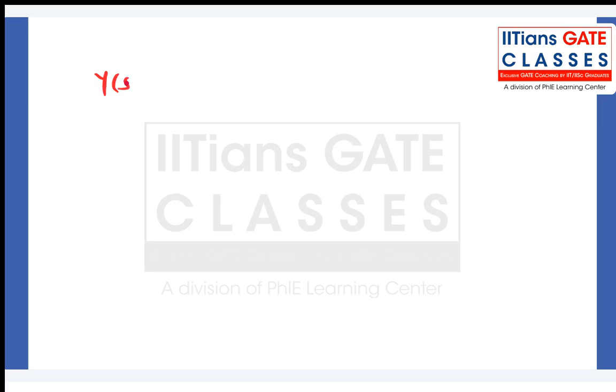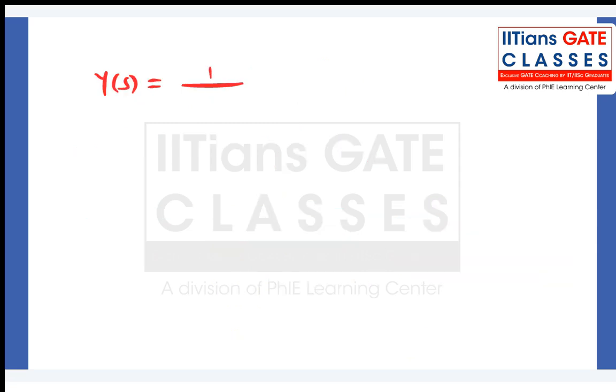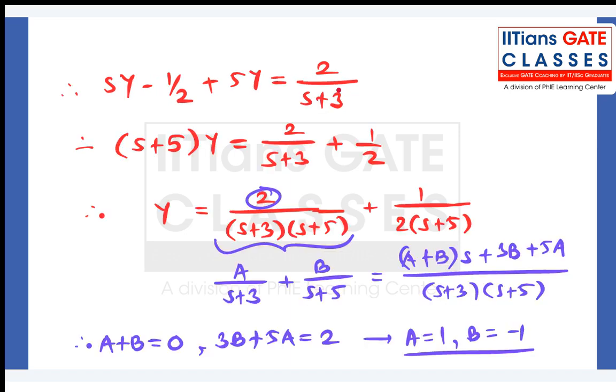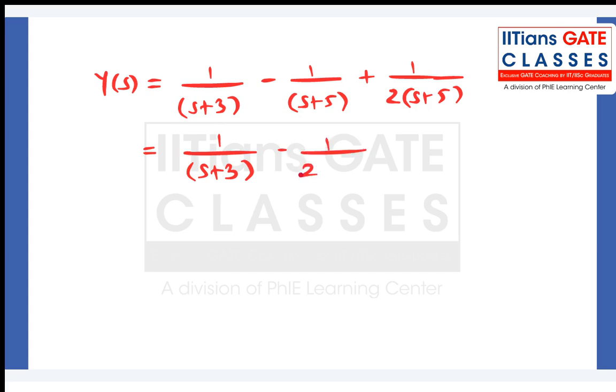Your Y is nothing but, a being 1, 1 by s plus 3, and b being minus 1, minus 1 by s plus 5. And you have plus half, that term also, 1 by 2(s plus 5). That will simplify further, so this will be minus 1 by 2(s plus 5).